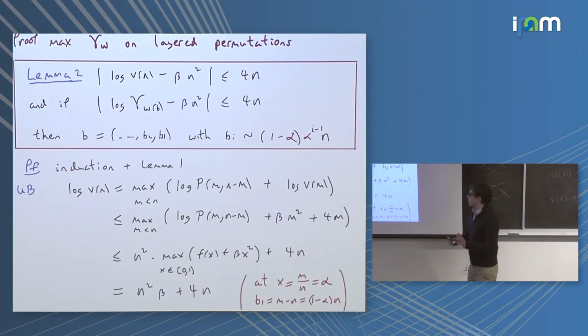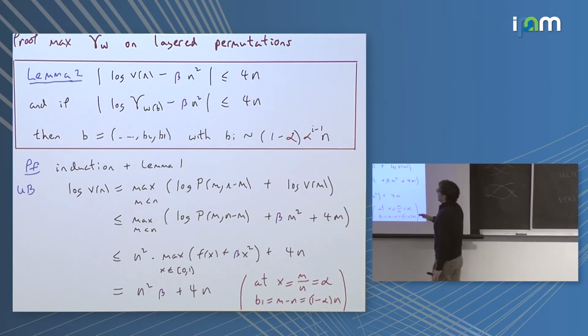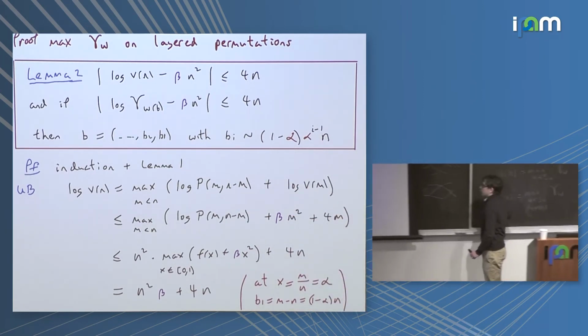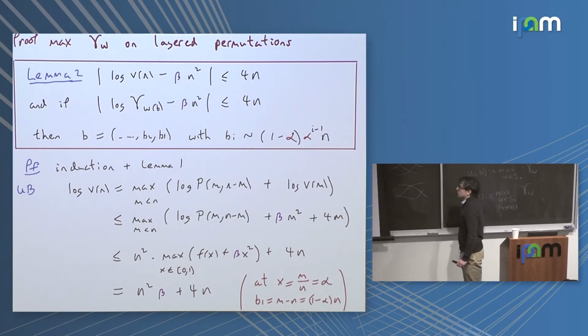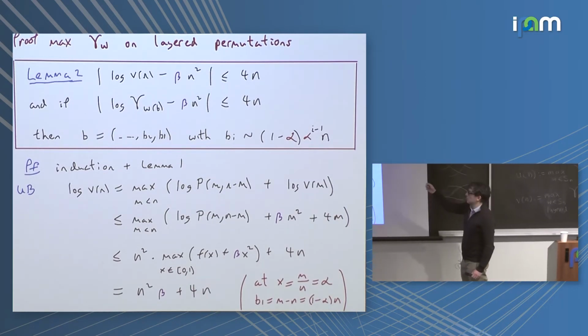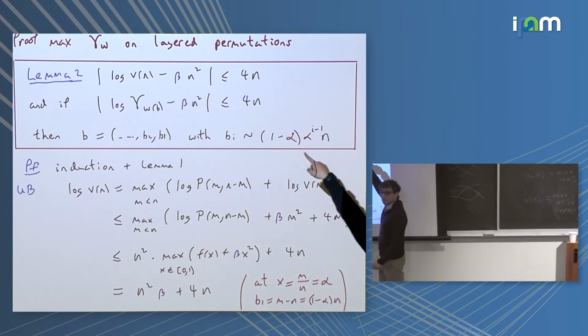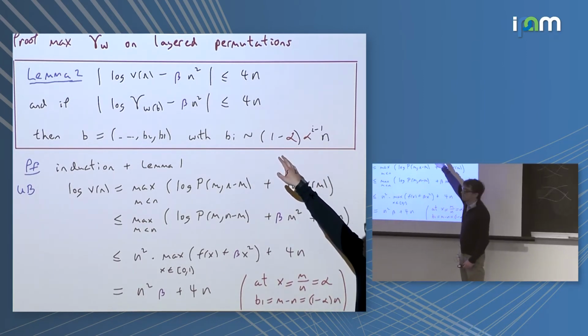Okay. So then we're almost done. The next thing we need to show is that the logarithm of this maximum over layered permutations minus that universal constant times n squared is less than or equal to 4n. So that's going to decay like we want.